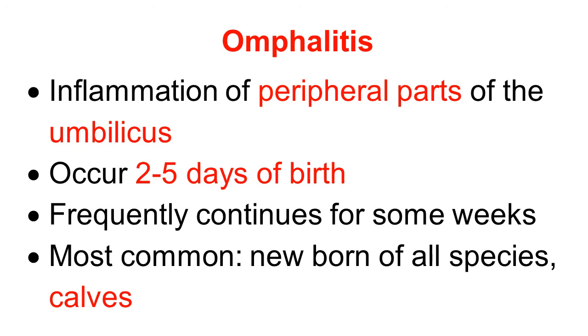Generally, the infection and inflammation occurs after birth, within 2 to 5 days of birth, and frequently continues for some weeks. Omphalitis is most common in newborns of all species, but very commonly observed in calves.